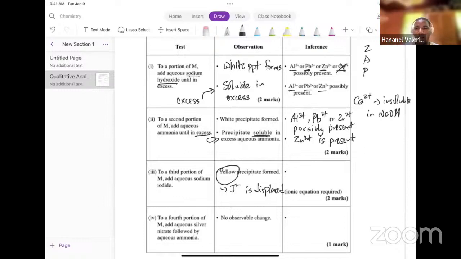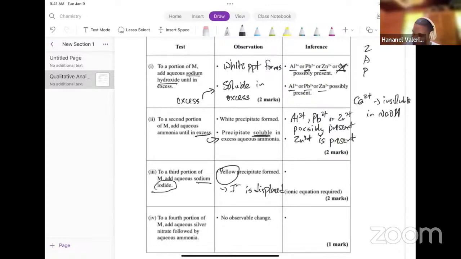So when you're at the top, you can displace anything. When you're at the bottom, you get displaced by the one above you, and so on and so forth. So in this reaction, the yellow precipitate forms because iodine is displaced out of the solution of the compound. So that is what's happening here, okay? So iodide will remain. So the sodium will go with whatever else that was in the solution. And iodine will be left by its merry self.